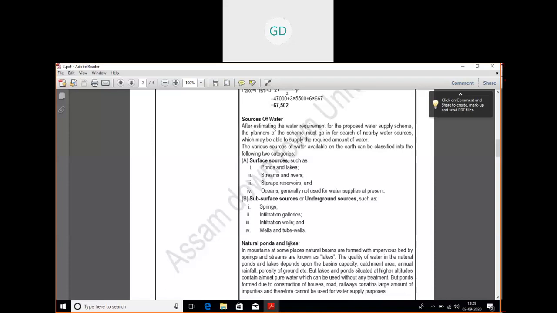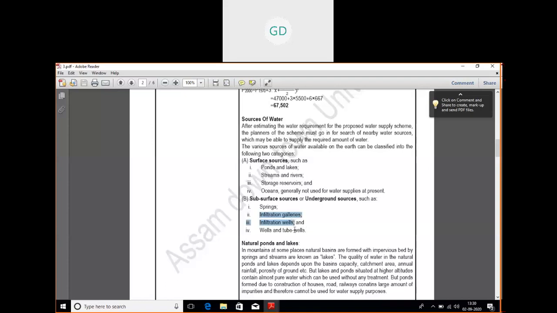Infiltration wells work on the same principle, but infiltration galleries are horizontal tunnels and infiltration wells are vertical tunnels. If you search these two things in Google, it will be more clear if you see the picture. Right now I don't have the picture with me, so you can search by yourself.